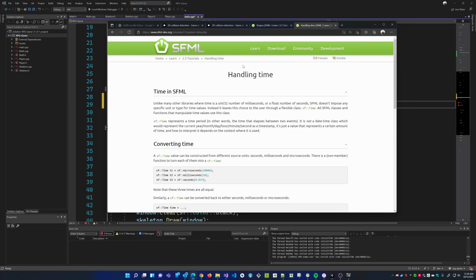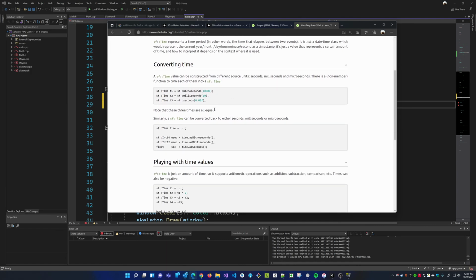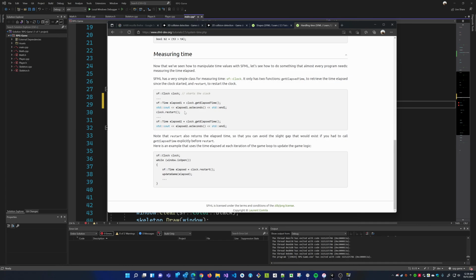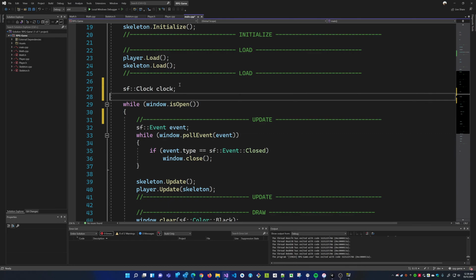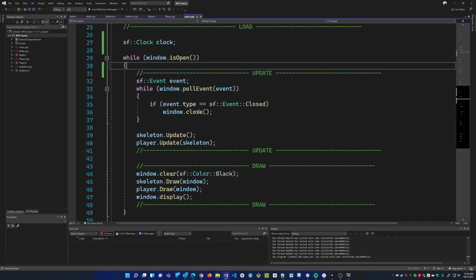Okay, so in the tutorial section, you can see handling time. And here they talk about measuring time, which we will do. So we have a clock. We have time, so sf::Time. Let's do that. I'm going to put my clock here. This is the main clock, and the clock just measures the amount of time we're moving in.